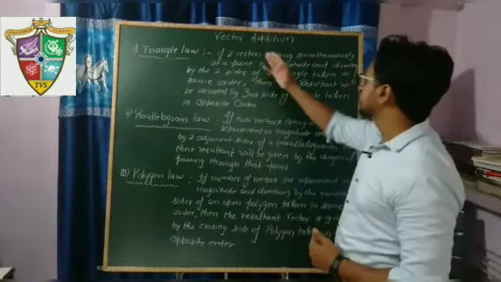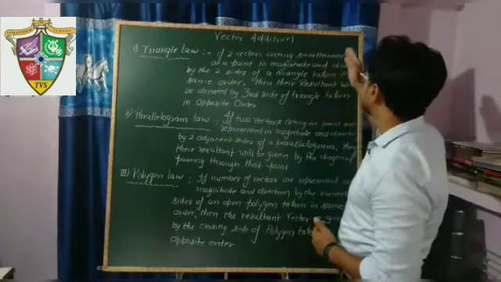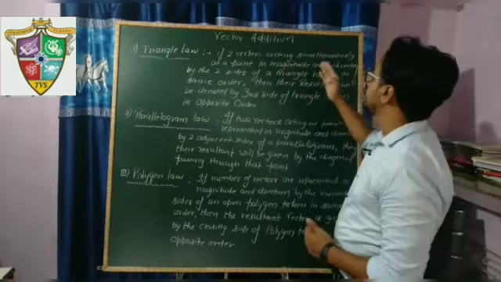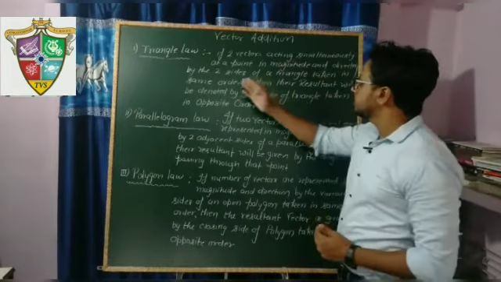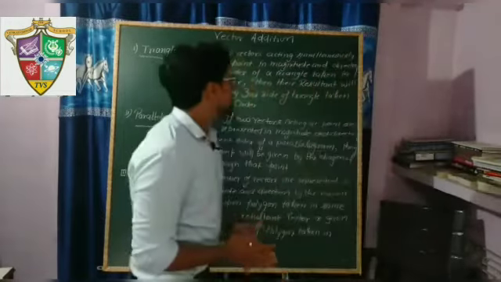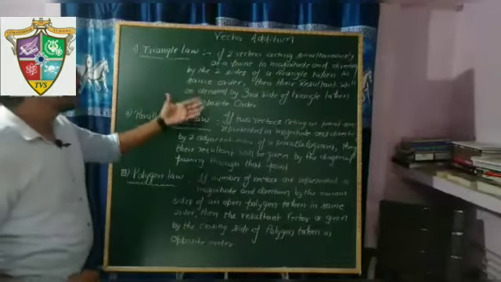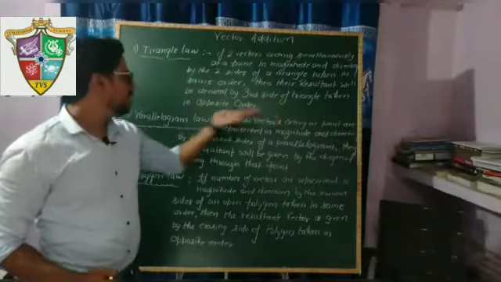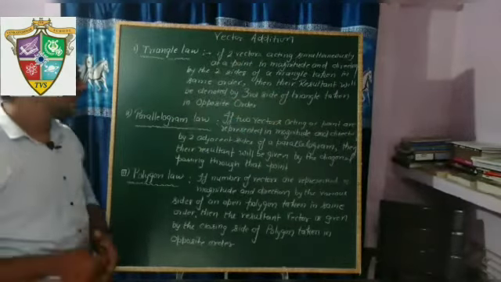It states that if two vectors acting simultaneously at a point are represented in magnitude and direction by the two sides of a triangle taken in the same order, then their resultant will be represented by the third side of the triangle taken in opposite order. How?